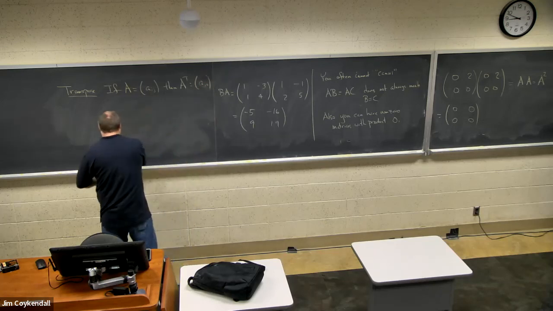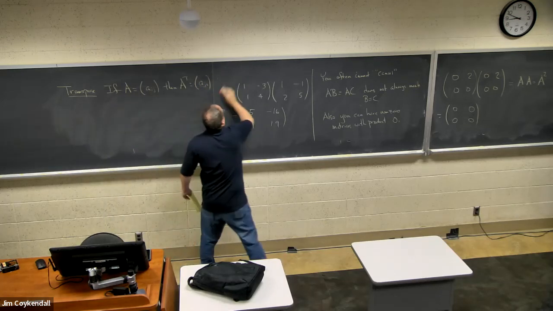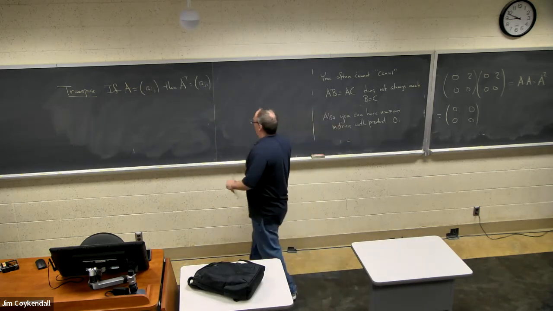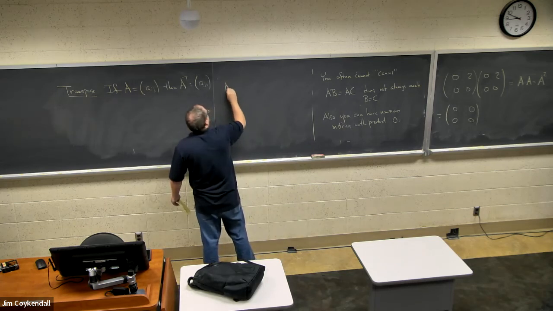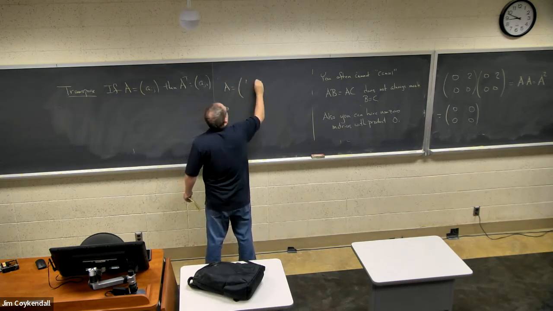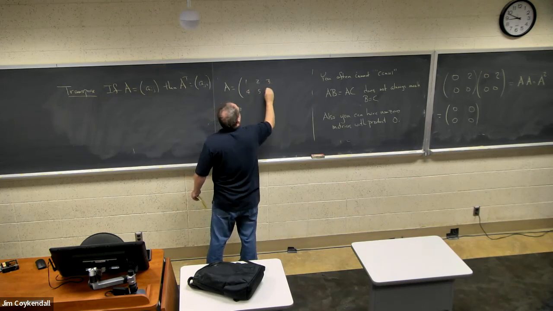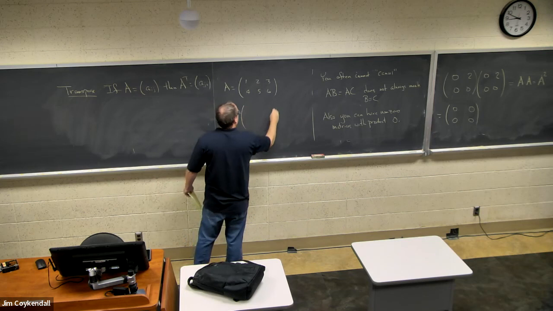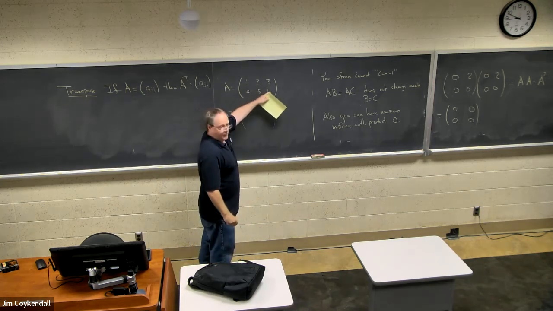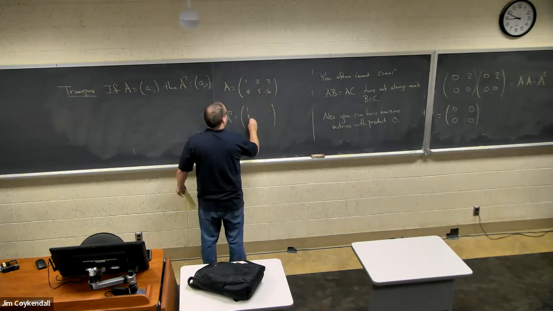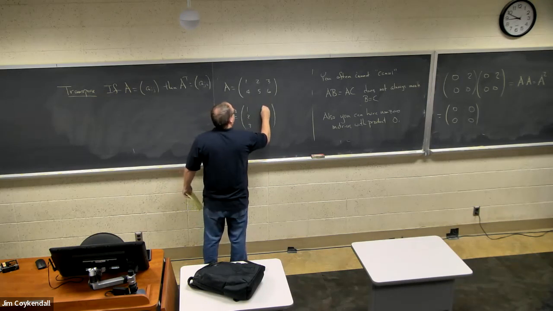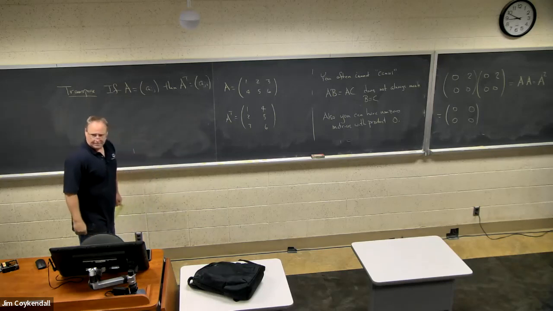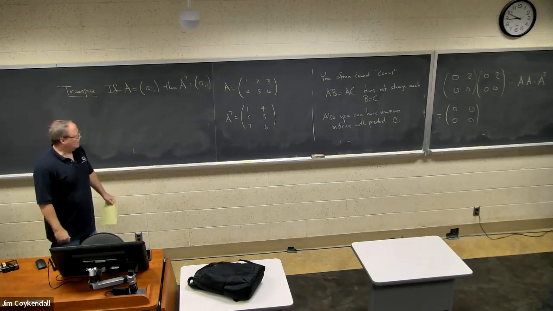So you just reverse the roles of rows and columns. So if A is 1, 2, 3, 4, 5, 6, then in A transpose the first row here becomes the first column, and the second row becomes the second column. Right, pretty easy. You just turn rows into columns.